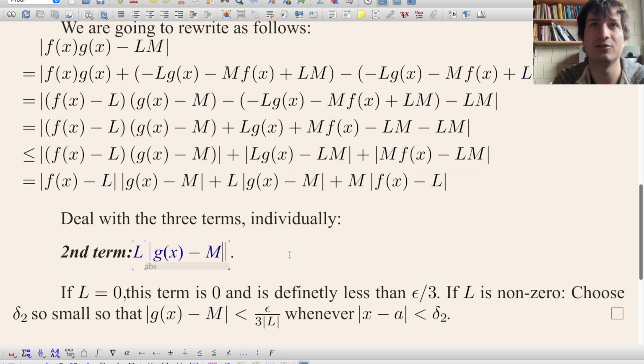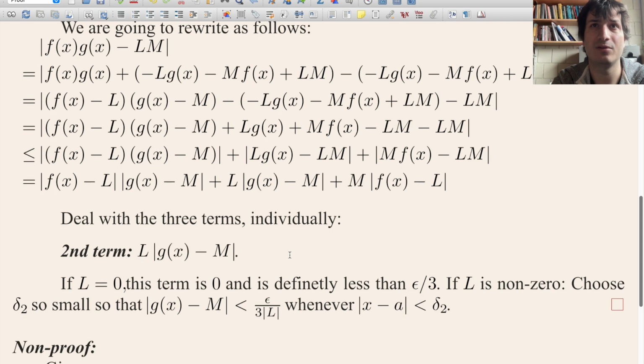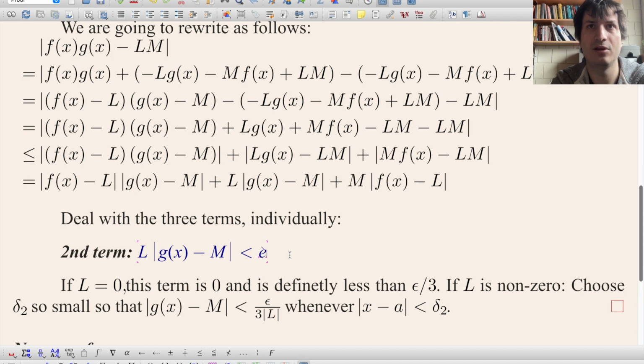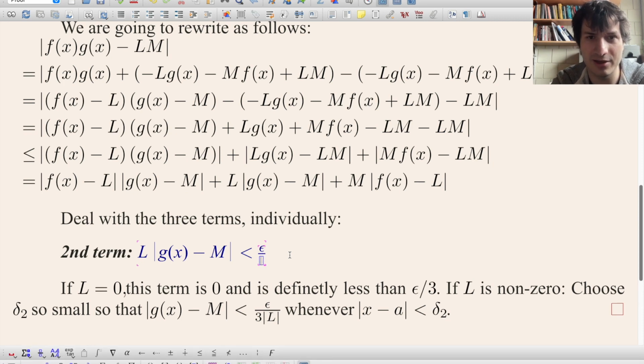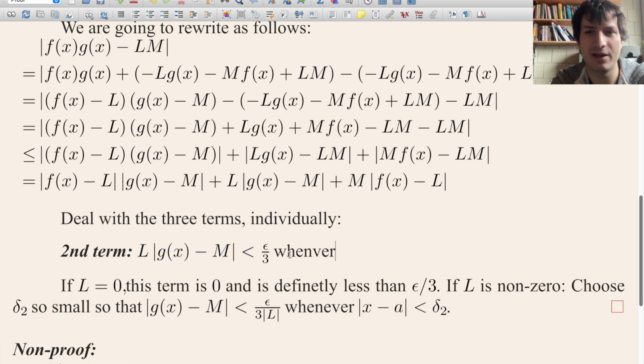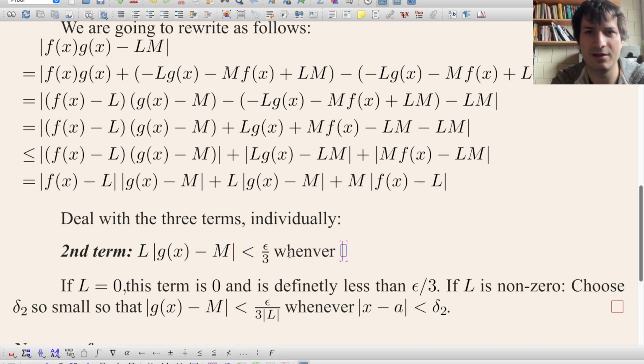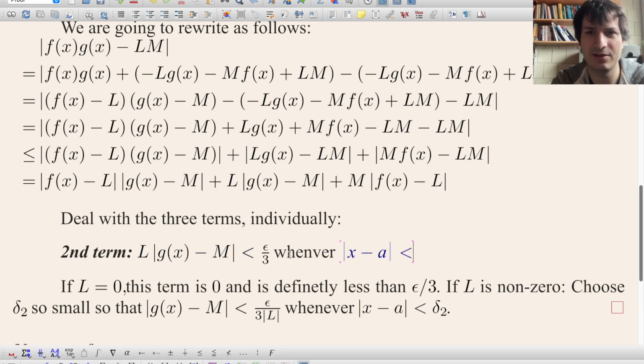So the claim is this thing is going to be less than epsilon divided by 3 whenever absolute value of x minus a is less than delta 2.